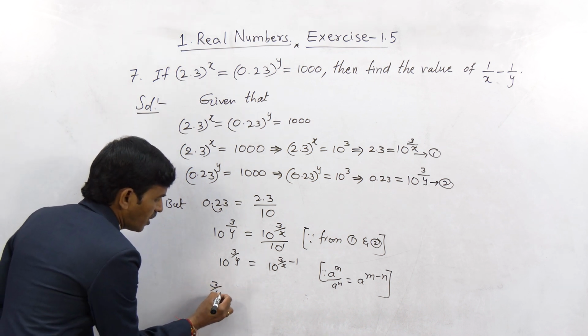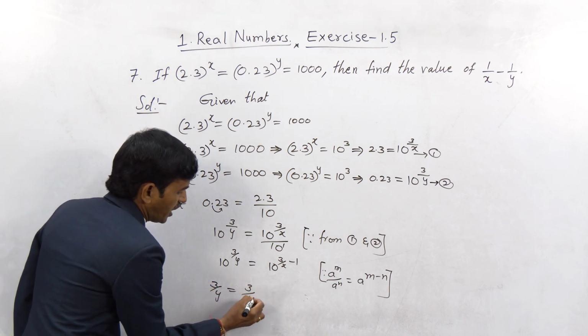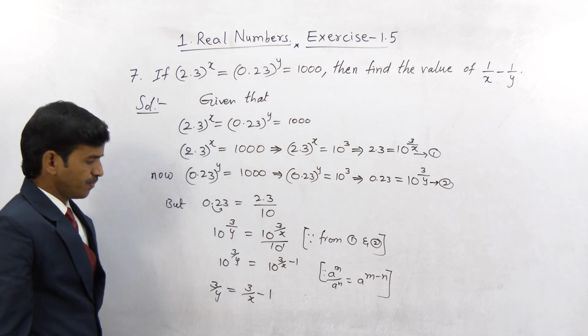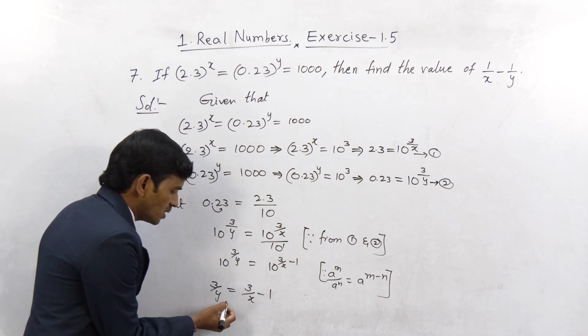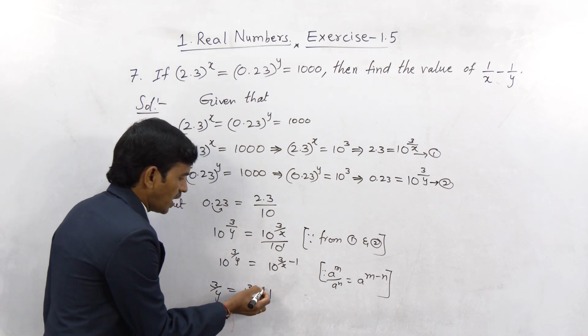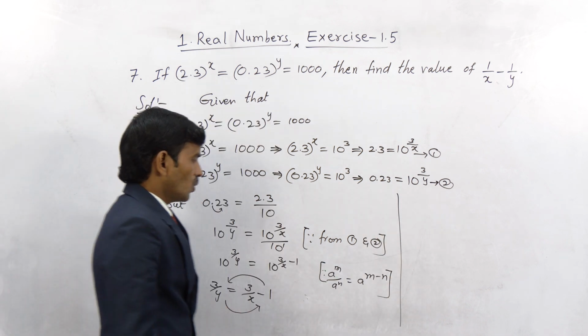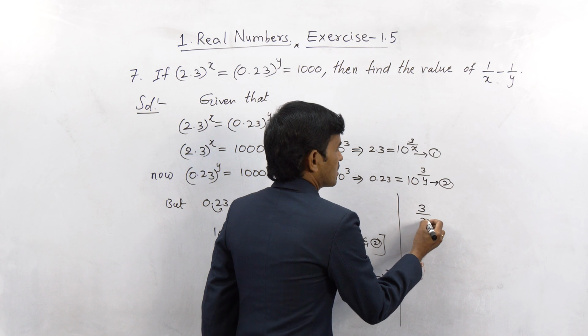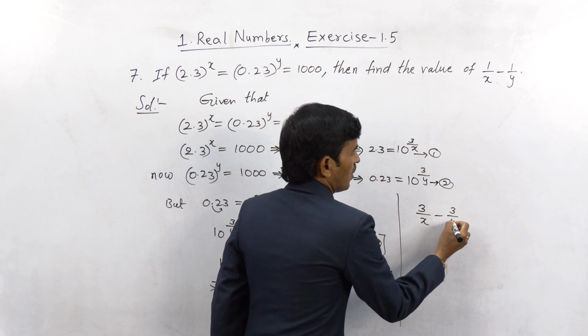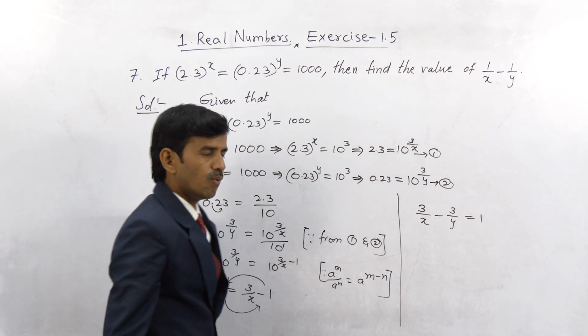That is 3 power y is equal to 3 power x minus 1. So you can transpose this 3 power y towards this side and minus 1 towards this side. Then it becomes 3 power x minus 3 power y, which is equal to 1.